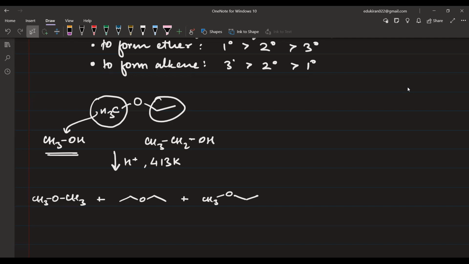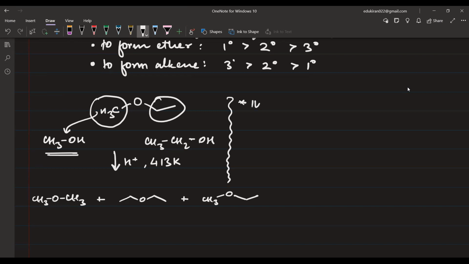But as you can see, we are forming 3 different ethers, which is going to be a mixture, and this mixture is not suitable for separation because they have similar molar masses and similar boiling points. That is why this method is discouraged for the preparation of unsymmetrical ethers. Okay, so this method is not used.